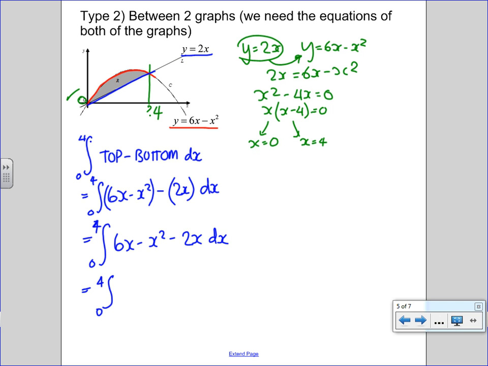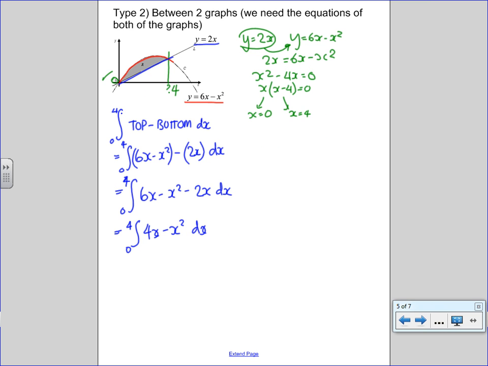One more step, just so it's nice and neat: 4x minus x squared dx. Right, now I can actually integrate it.